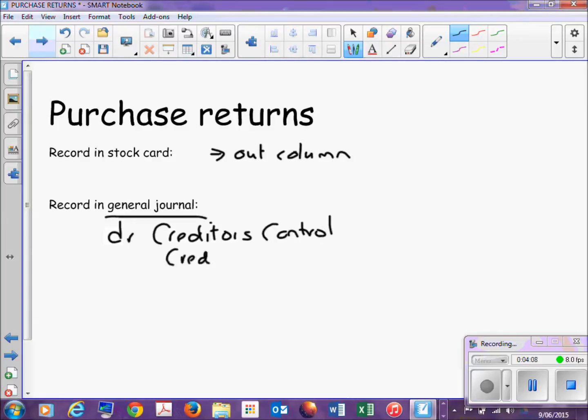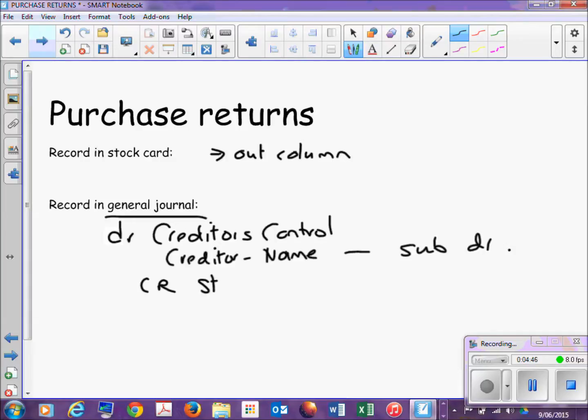Also, the subsidiary ledger also gets a debit for the individual creditor. The debit entry is for the full amount owed, the price of the stock and GST. So that's the debit entry.